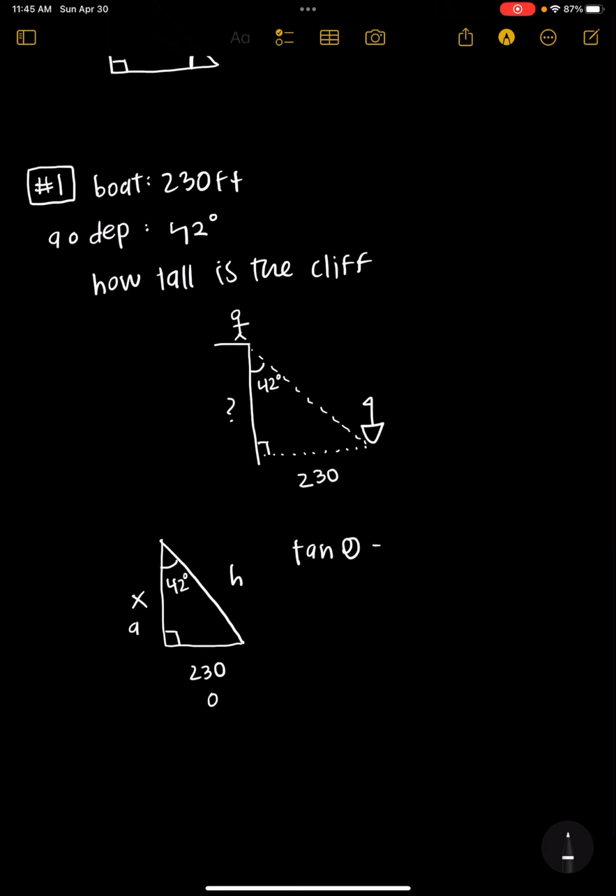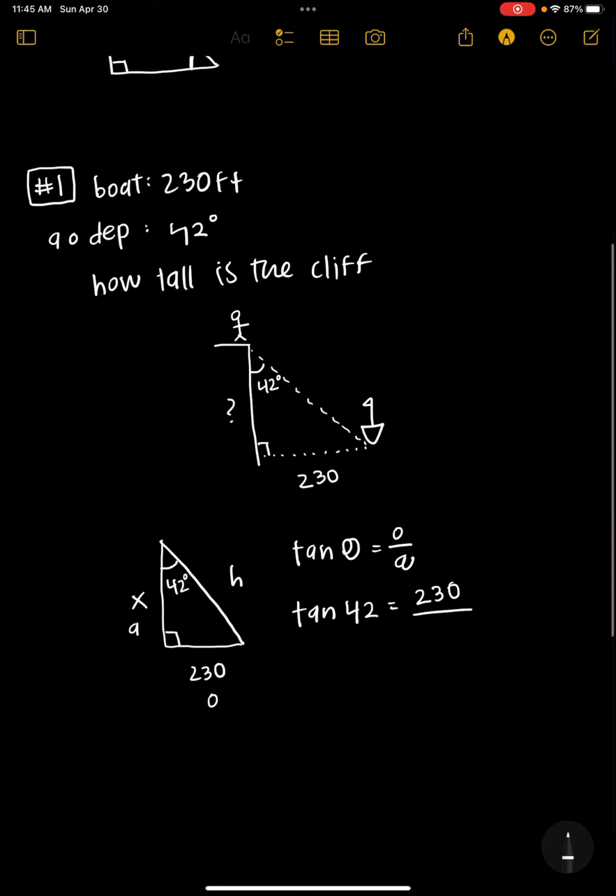So tangent theta is equal to opposite over adjacent. I didn't write these down on this video, but you do have a cheat sheet with all of these on there, the trig ratios. We're going to plug in what we know. So tangent 42 is equal to my opposite side, which is 230, over adjacent, which is x. Because the x is on the bottom, we're going to flip-flop the tangent and the x, which would give us x is equal to 230 over tangent of 42.